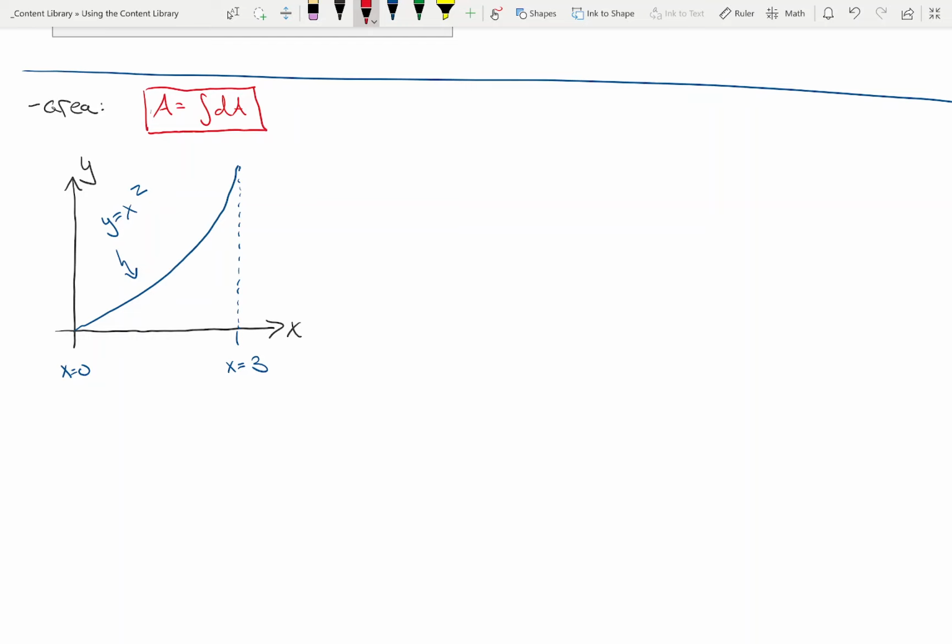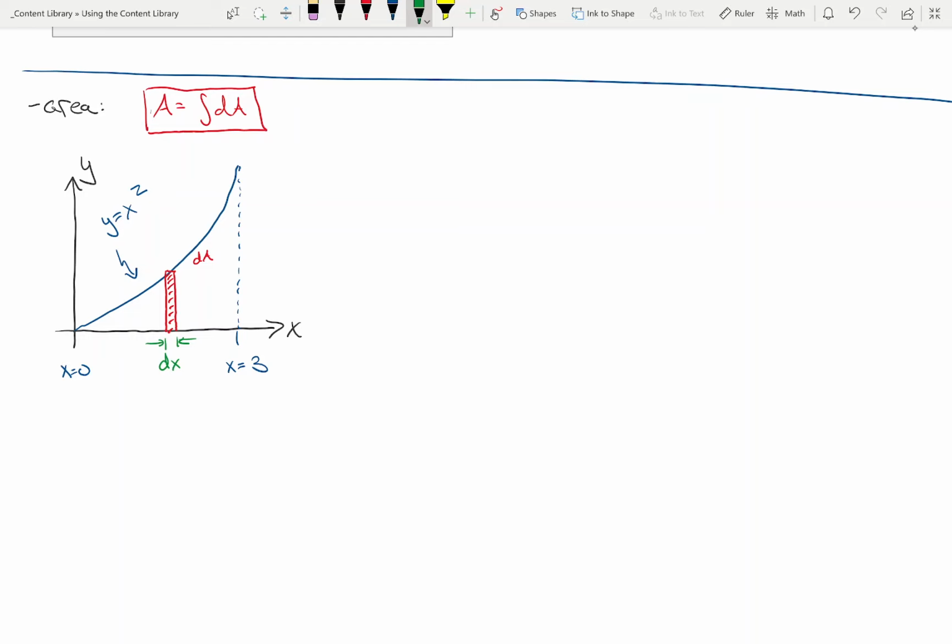So do you remember how you did this in Calc 1 or how you described this? What you would do is you would say, okay, I've got a little sliver of area here, right? And I would call this dA, and I would sum those up, right? So how would you do that, okay? Well, I seem to remember that the width of those elements was dx.